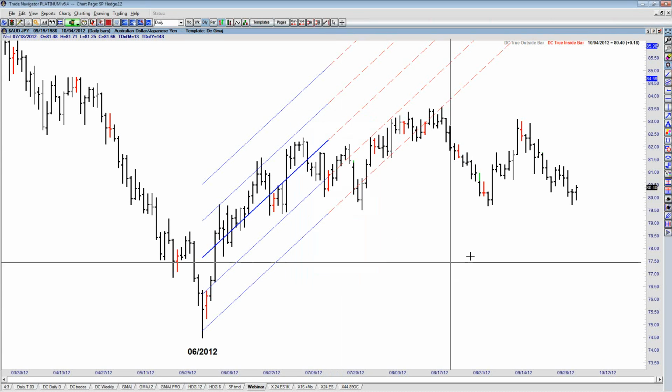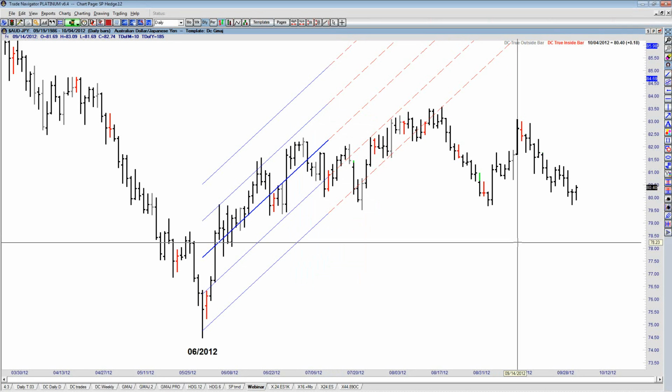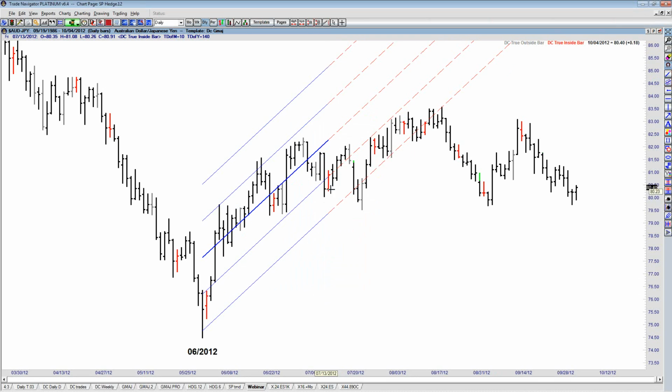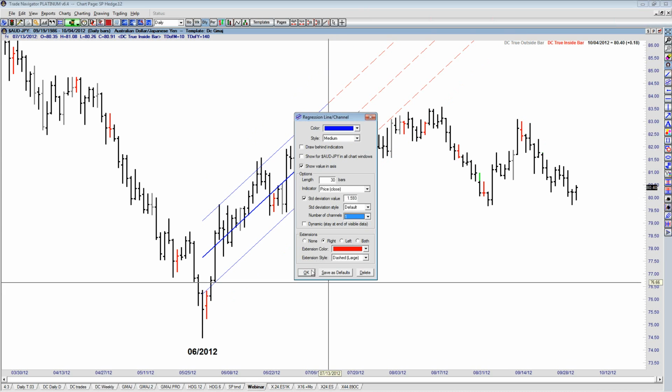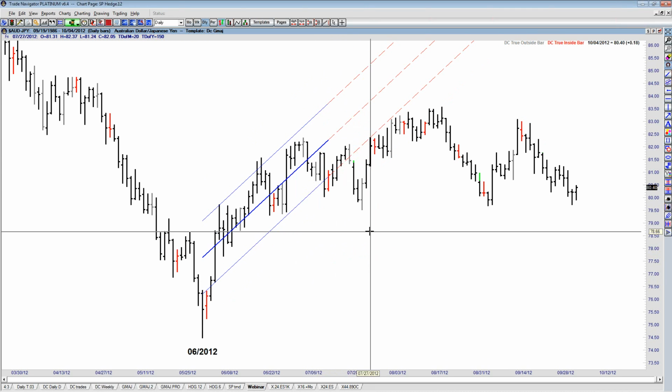So I've now added the second channel. And in fact, it goes through that, and we can see now that this trend change here is significant. And what the market then does is it will try to regain the original trading channel. And you can see here this market rallied up here on July the 22nd, went to the extension of the bottom standard deviation and loved it, and it was trying to get back to the median, but it couldn't.